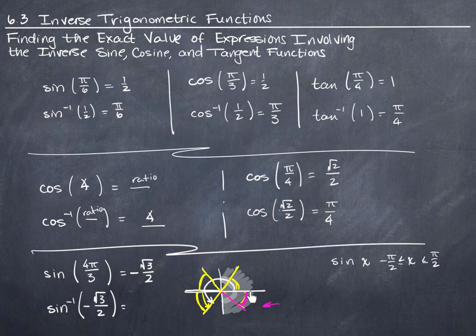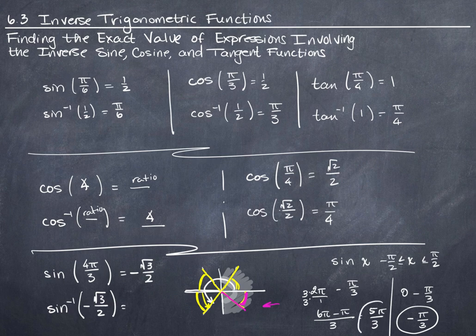Well, it's 2 pi minus pi over 3, or it's 0 minus pi over 3. 2 pi minus pi over 3 would be 6 pi minus pi all over 3, which is 5 pi over 3. 0 minus pi over 3 is negative pi over 3.